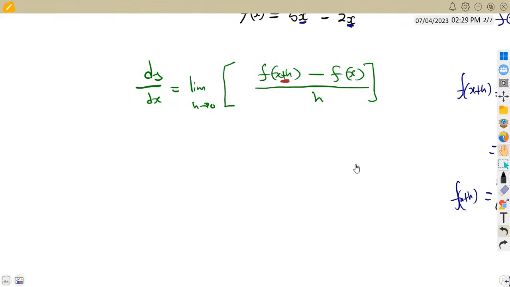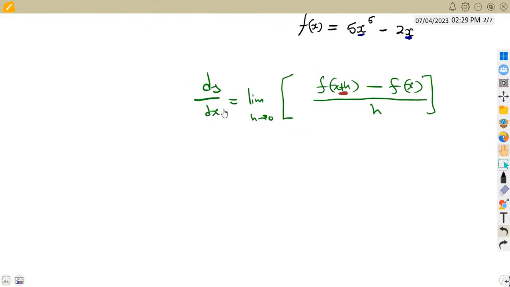Remember, our formula is saying that to determine the derivative of y with respect to x, we are supposed to have f of x plus h. So here we are going to say the derivative of y with respect to x is equal to the limit as h is approaching 0 of f of x plus h minus f of x.